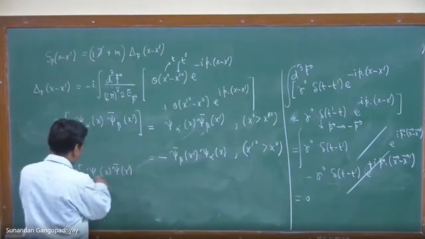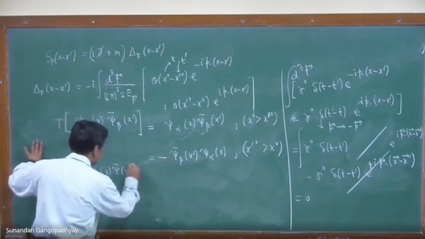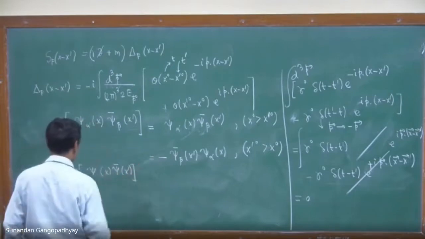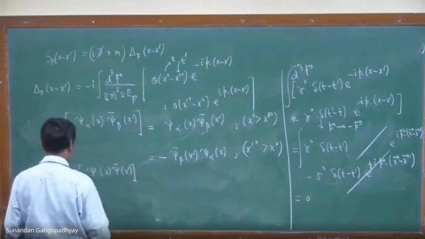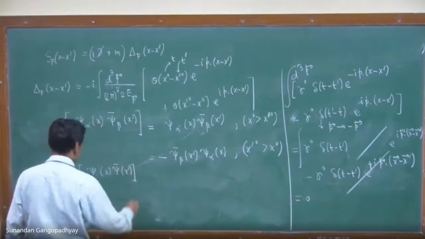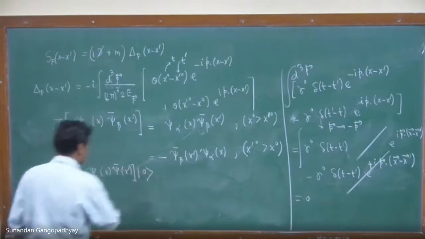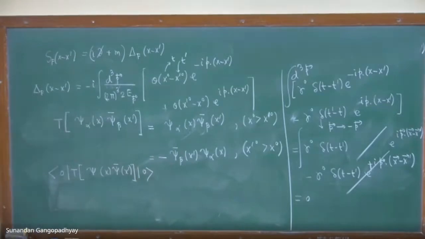You can put the labels alpha and beta, but just to avoid these subtleties, we can leave out the labels. So let us now calculate this object.